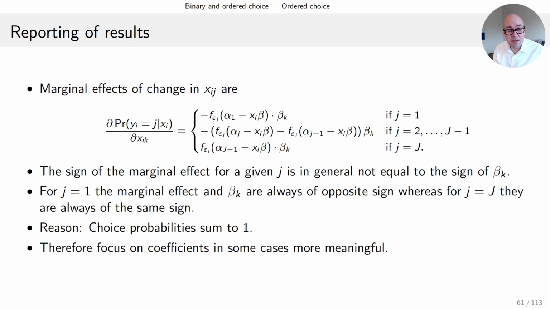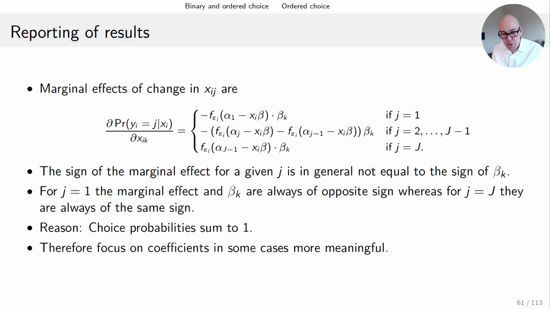And that's exactly the parallel to the binary choice model. In the binary choice model, you have the outcome that is coded as a 0, and for that outcome, one would actually get minus the marginal effect for the 1. So that makes perfect sense because when the probability that y is equal to 1 increases, then the probability that y is equal to 0 must decrease because the two probabilities will add up to 1.